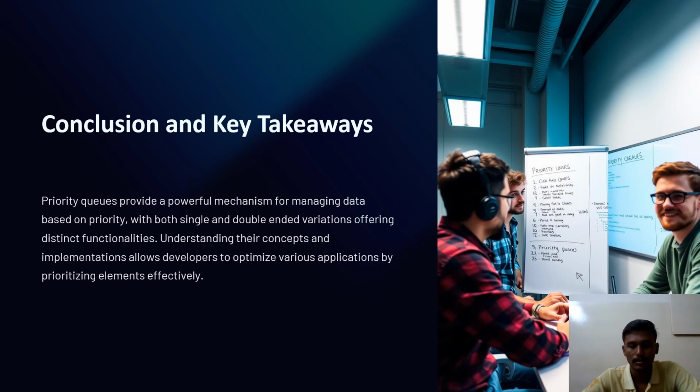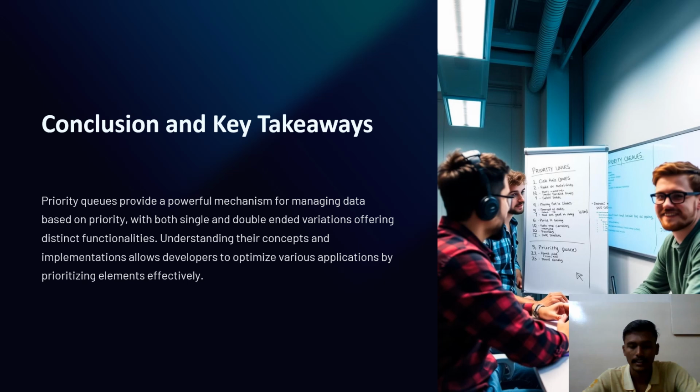The choice between the two depends on the specific needs of the application. If you need simplicity and efficiency for one end, go with the single-ended priority queue. If you need more flexible access to both ends, the double-ended priority queue is a better choice, albeit at the cost of added complexity.